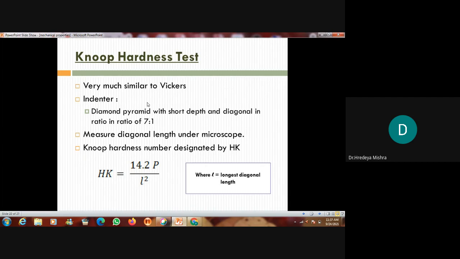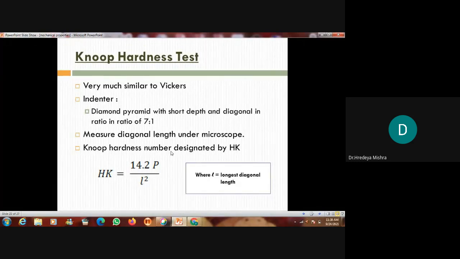Now, the Knoop hardness test. It is similar to the Vickers hardness test. Here also we use a diamond pyramid with a short depth, and the diagonal ratio is 7.7 to 1. We measure the diagonal length under the microscope.